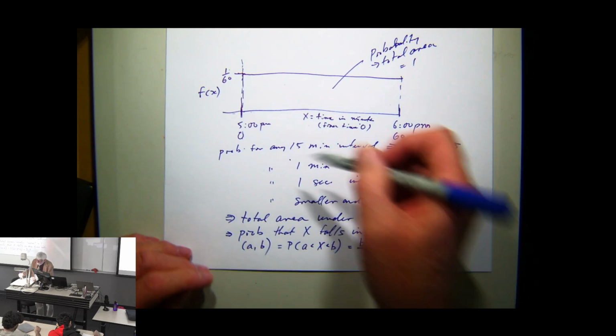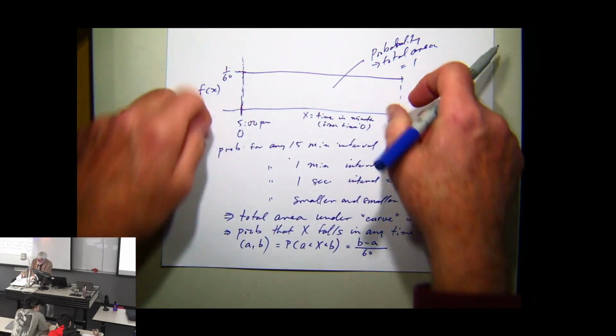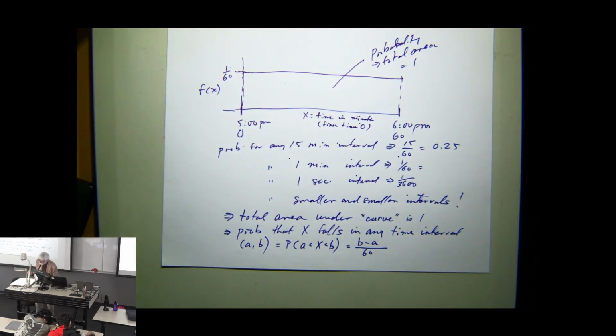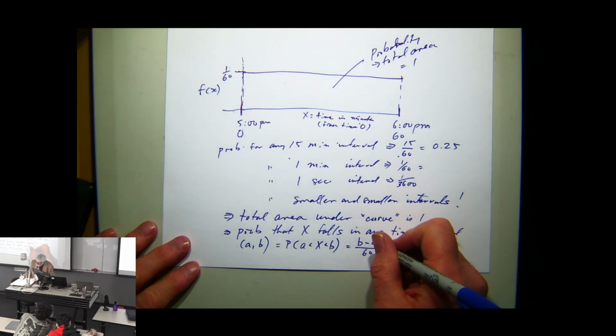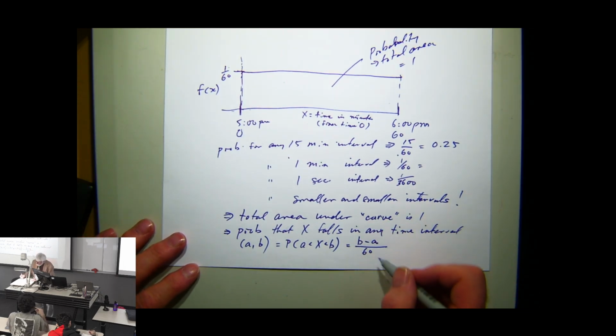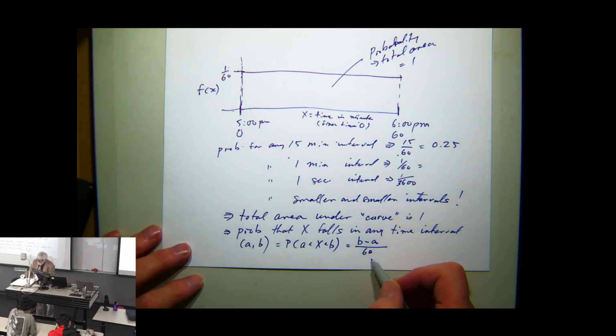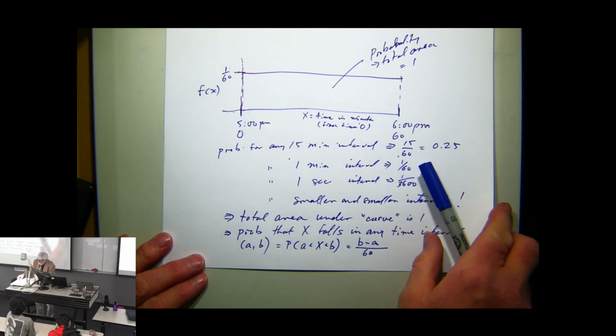I should specify that A and B have to be within these bounds here, not outside of the bounds, but I'm going to leave some of the niceties for as we define this a little clearer mathematically. But the point is we're just going to take that distance and divide it by 60.